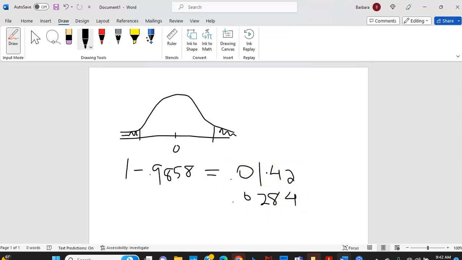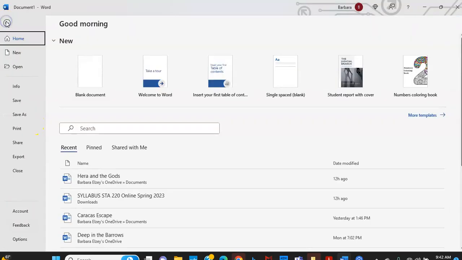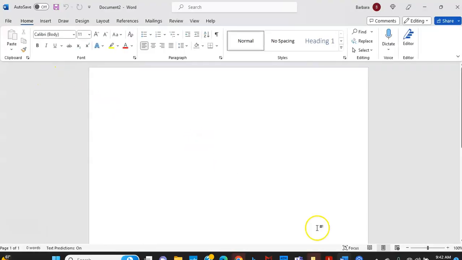All right, so some rules of thumb here. Let's see if I can type them for you on a new page. So if the alternate is less than, just look up your p-value.